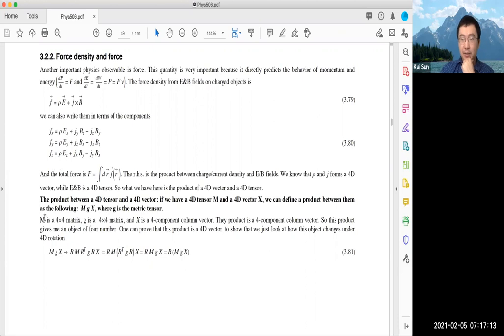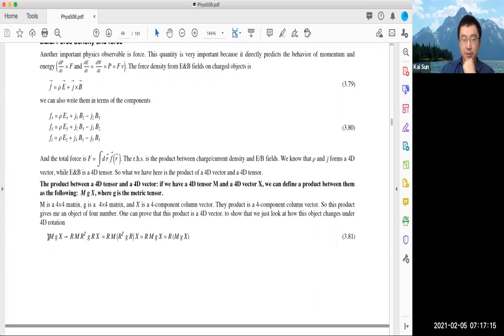Here let me briefly discuss the inner product between a tensor and a vector. Say M is a tensor, X is a vector, then their inner product is M times the metric tensor times the vector. M is a tensor, so it's a 4x4 matrix.